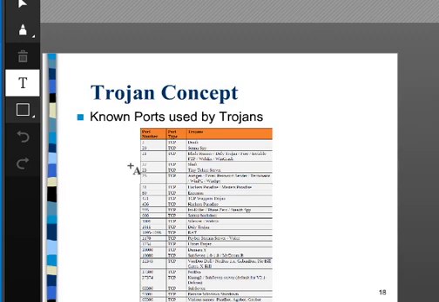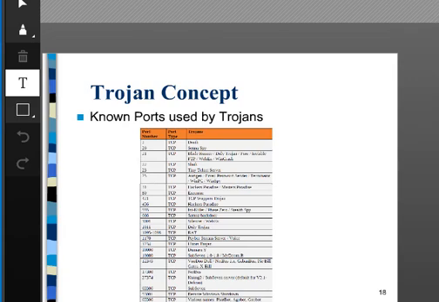It is suspicious. It is not a normal Notepad because it is using port 21, and I know that port 21 belongs to a Trojan. Hence, you can guess that your system is infected.